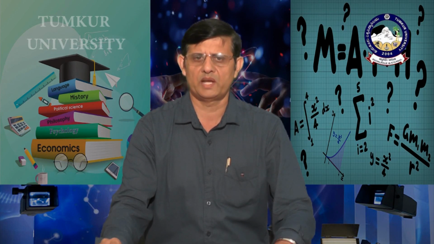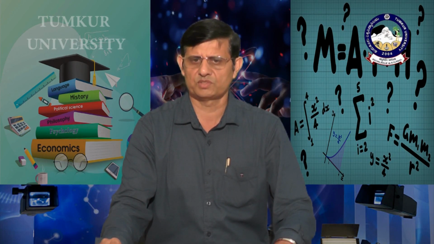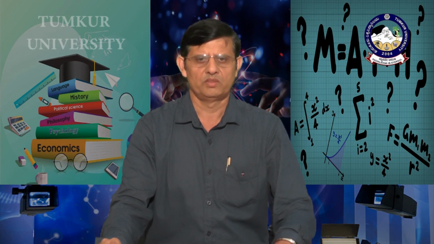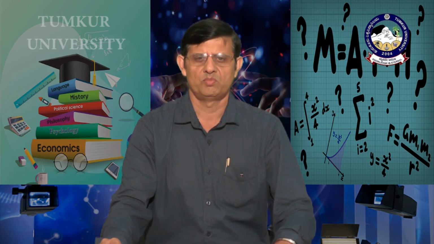Thus, effective demand can be expressed through the following equation: ED equals C plus I plus G. In the above equation, ED is effective demand, C stands for consumption expenditure, I represents investment expenditure, and G stands for government expenditure. The equation indicates that effective demand is determined by household expenditure on consumption goods, investment expenditure of private enterprises, and government expenditure on consumption goods and investment goods.